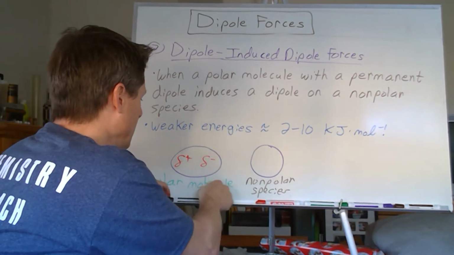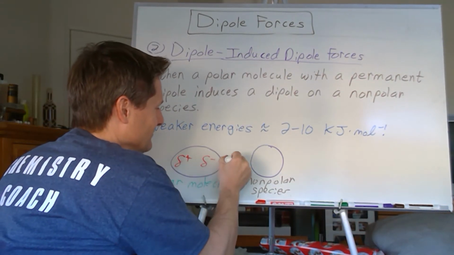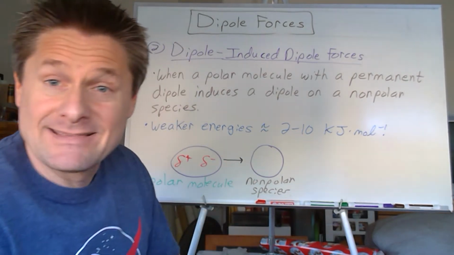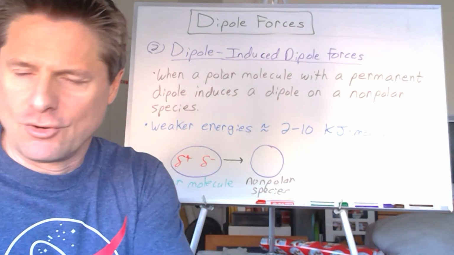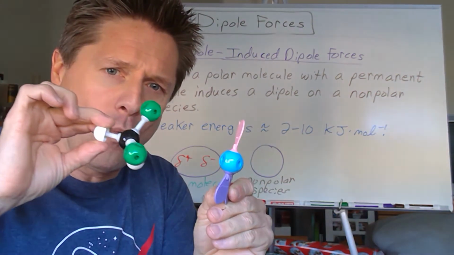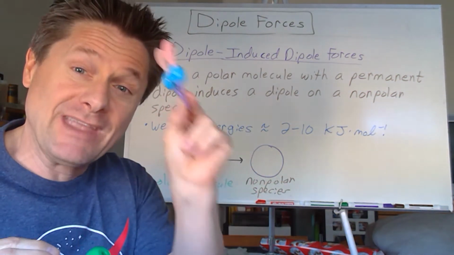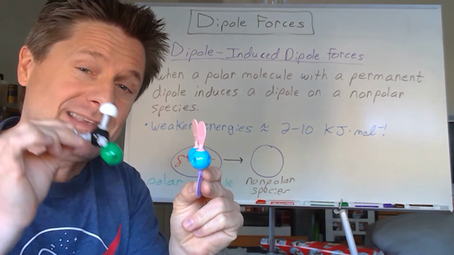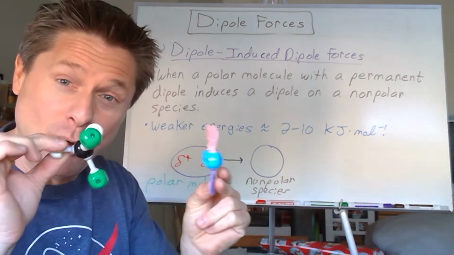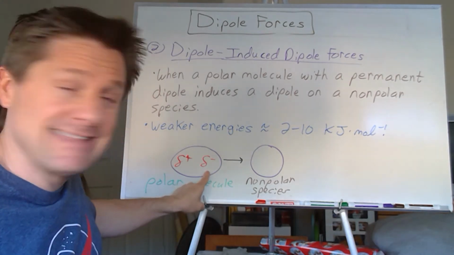So if this comes close to this, as that approaches it, right, coming in for a landing. Once it gets, remember, these are short-range forces. Once it gets close enough, the electron cloud of the nonpolar species senses the electron cloud of the polar species, but it senses the asymmetry.